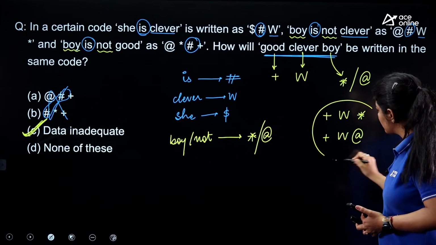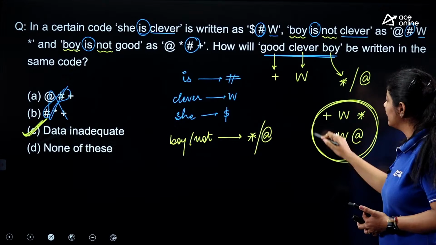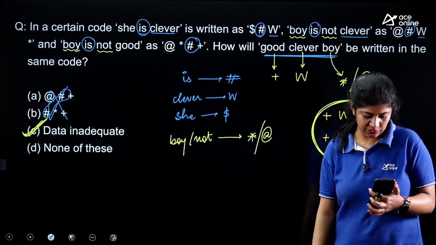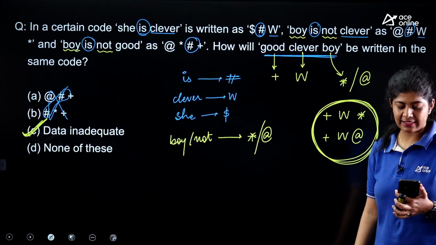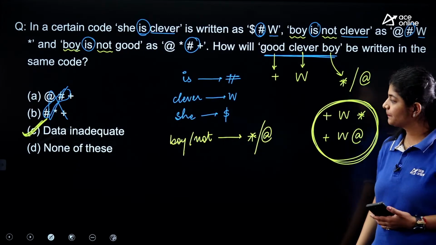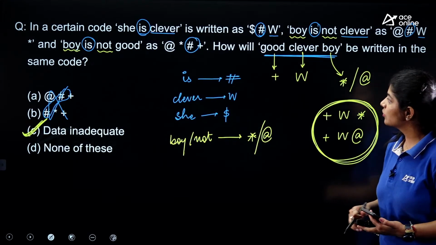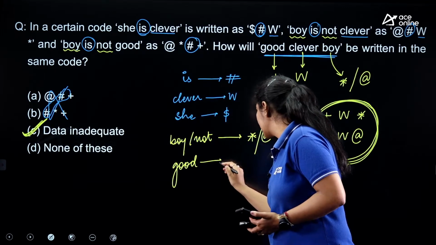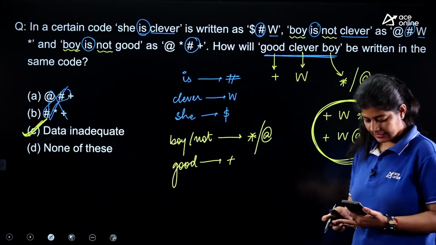For this one, just to choose one out of these two, we need some more data. So we will go with data inadequate, right? Option number C is the correct one. Is it clear? Right? So for good, we are having the plus sign, right?